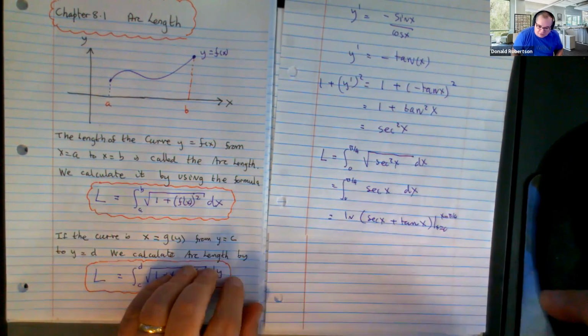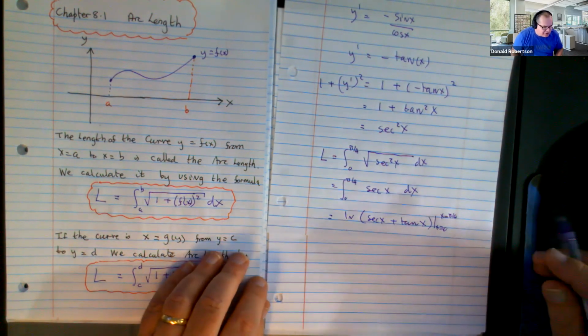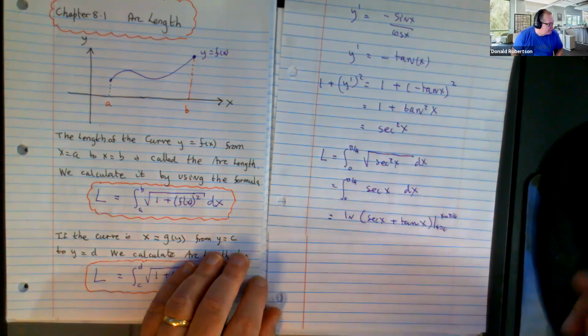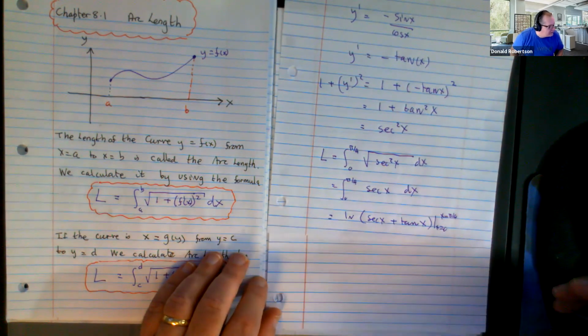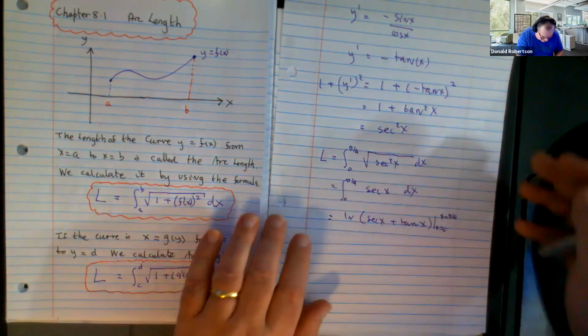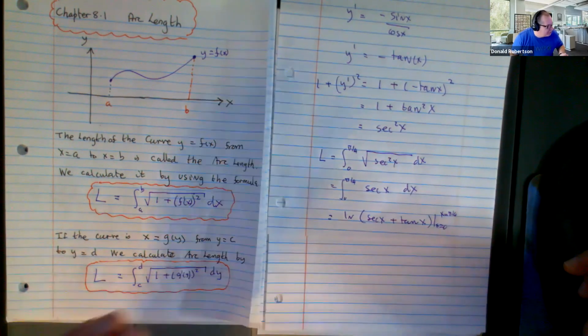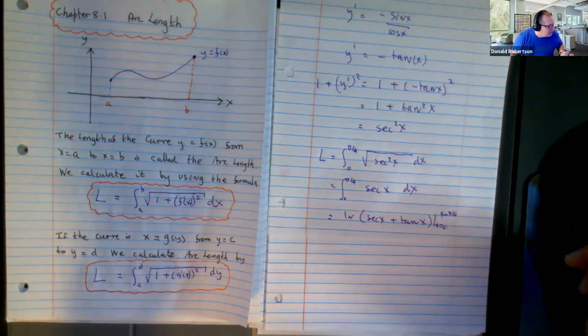With a few exceptions in the human race, would you agree you probably can't memorize 300 standard integrals, 300 guys that you're just meant to know the answer to? I think we have about 10. Would you agree if I said secant squared, you'd say, oh yeah, I know what that one is? If I said sine, you would know what that one is.